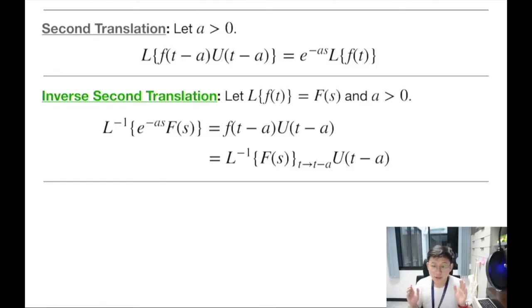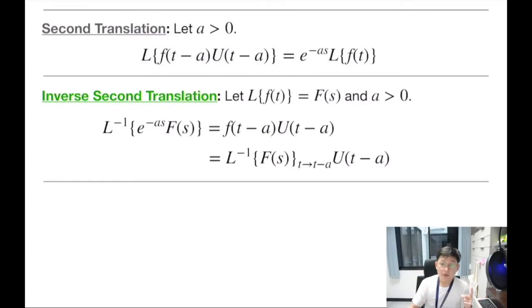Okay, guys, the next technique is the second translation. We won't study the transform of the derivatives of transforms. That is not included in the syllabus. So we're going to be looking at the second translation.